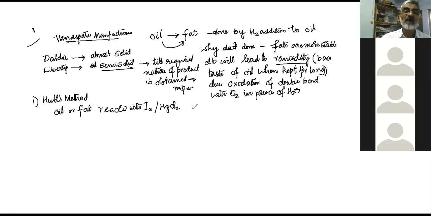So mercuric chloride plus I2 gives you HgCl plus ICl, iodine monochloride.